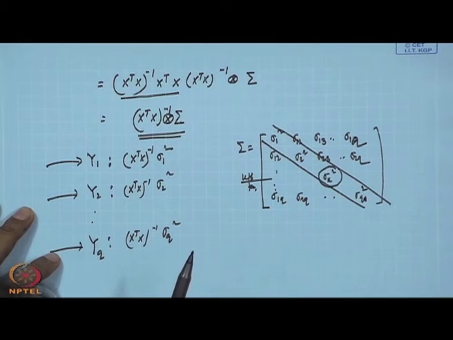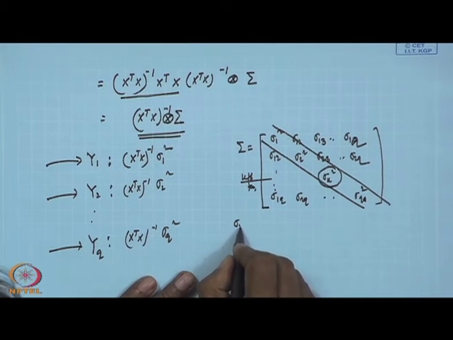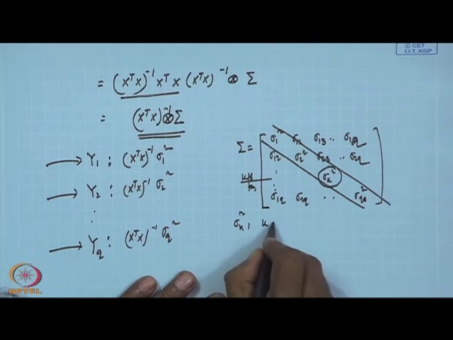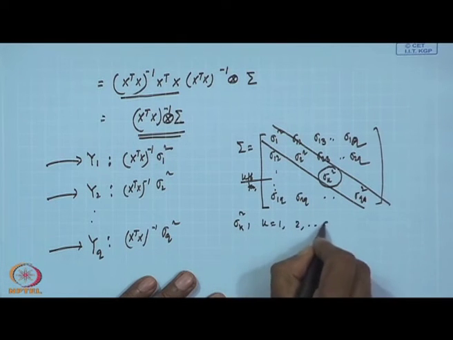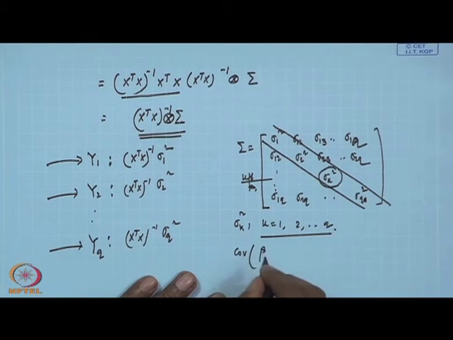Now that means I must know sigma k square, k equal to 1 to q. If you know this, then you know the variability part, the covariance of beta k.